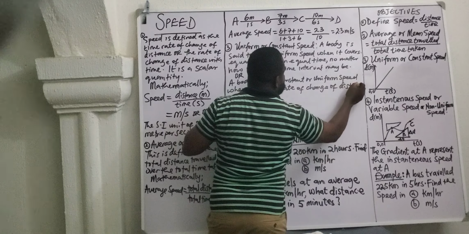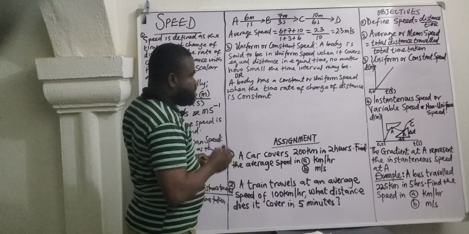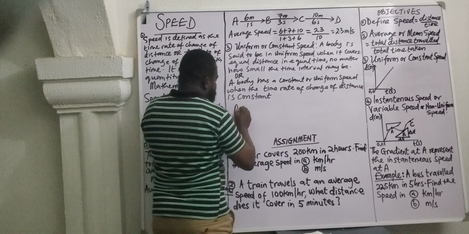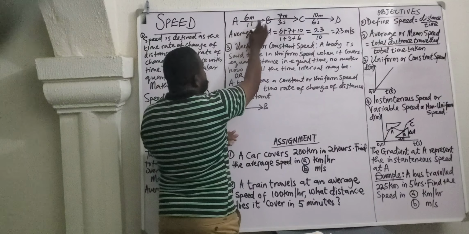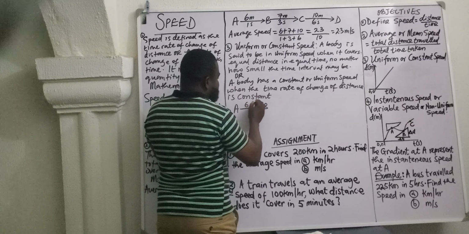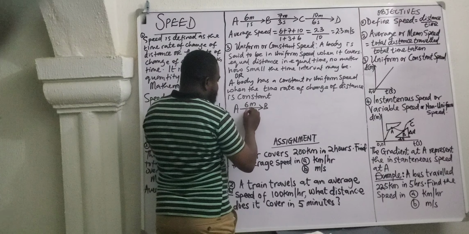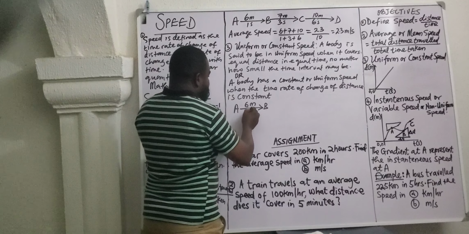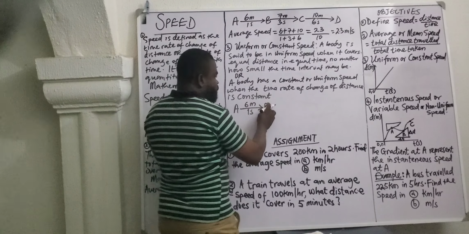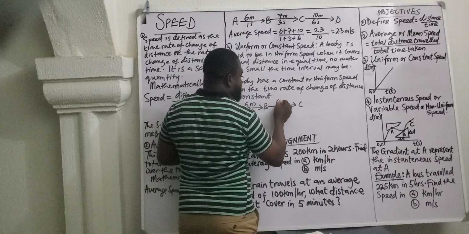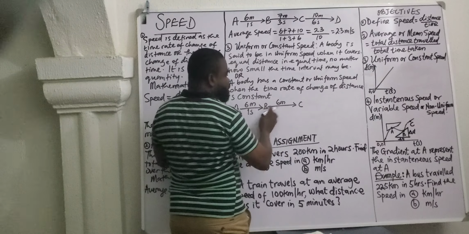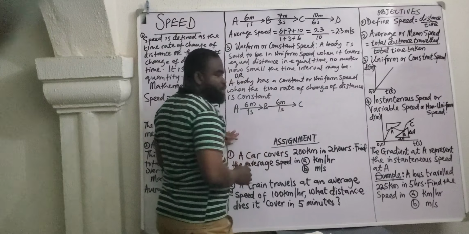What does that mean? If I borrow this illustration here, this previous one, it means that the body moves from point A to point B, then the first distance, 6 meters, and the time, 1 second, will remain so. As it moves from point B to point C, it will cover the same distance, 6 meters, using the same time, 1 second.